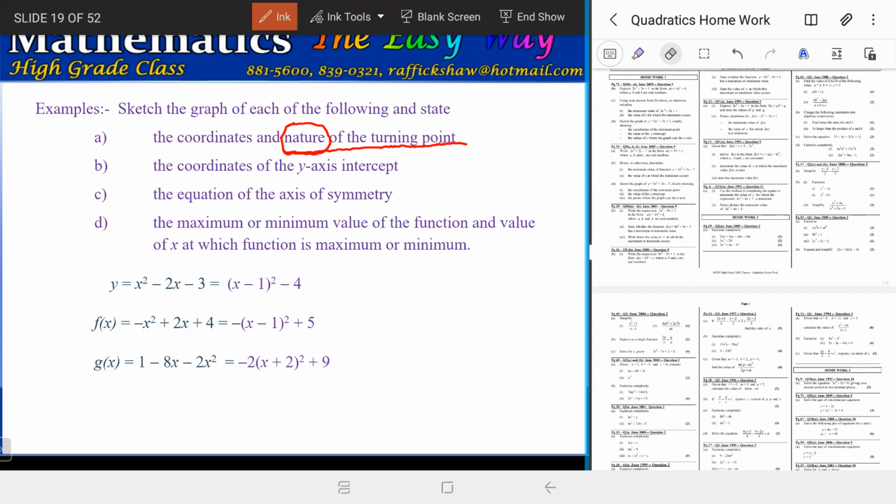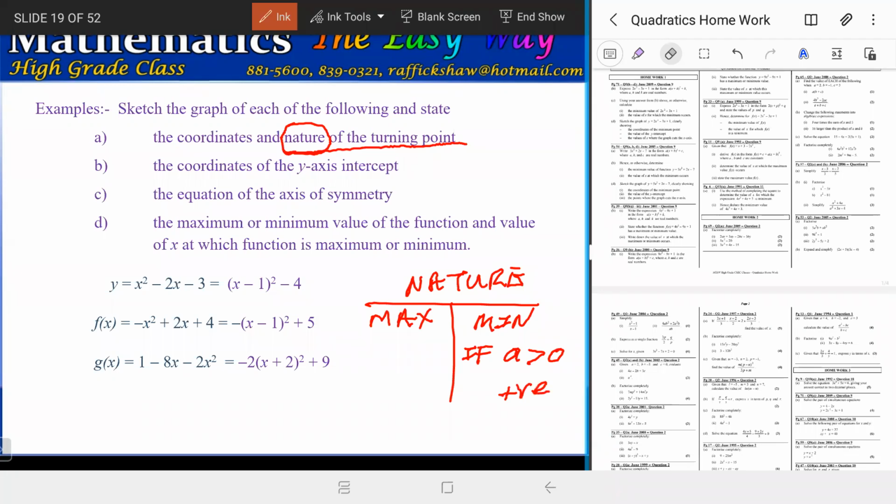That is all. So the nature of the turning point is either a maximum turning point or a minimum turning point. It's a minimum turning point if the A is greater than 0, meaning if the A is positive.